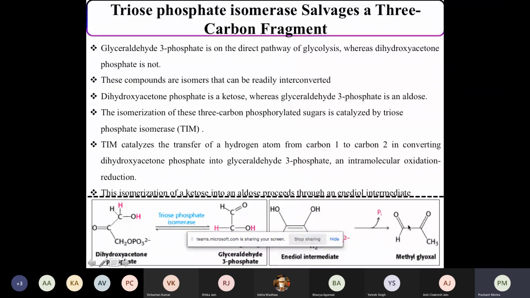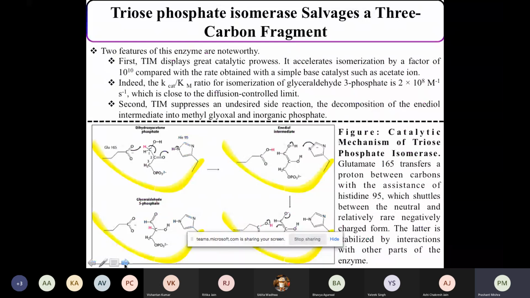And if methyl glyoxal is formed, all your reaction will stop, because you will not get enough glyceraldehyde 3-phosphate, and that's why you cannot proceed in your metabolism. So this step becomes very, very important. I'll show you how fast this reaction is in presence of enzyme.